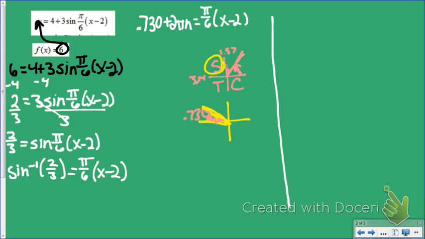In order to find that entire angle, I'm going to do it the same way I've always done. It's just a little bit different because I'm not using easier numbers. What you just have to realize is it's pi all the way around. So it's going to be pi minus 0.730.